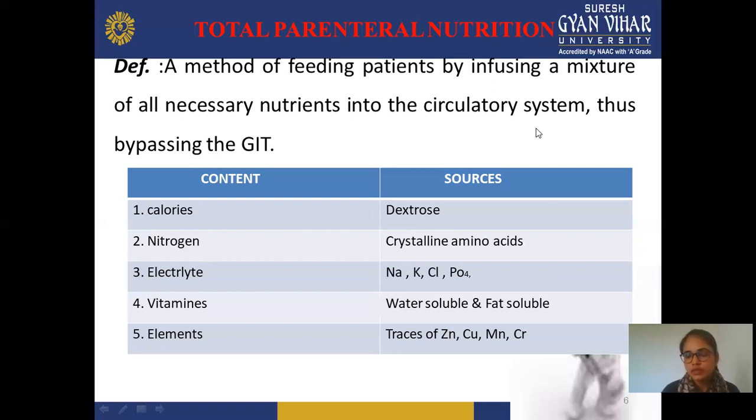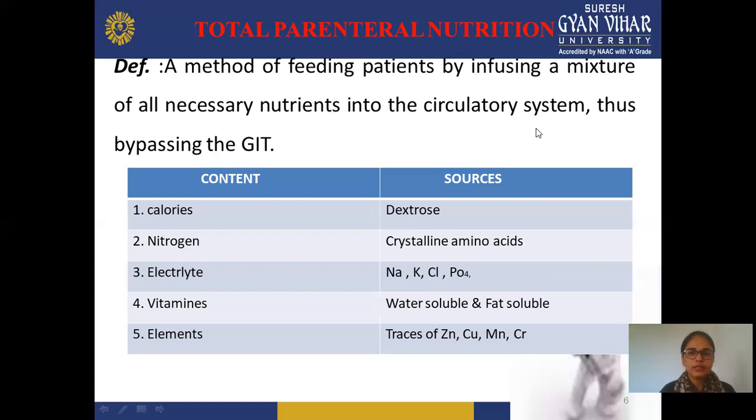So it is a feeding method, feeding the patient by infusing a mixture containing all necessary nutrients into the circulatory system, and this feeding directly reaches the circulation, bypassing your GIT.